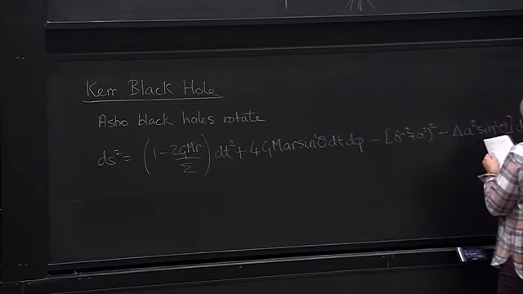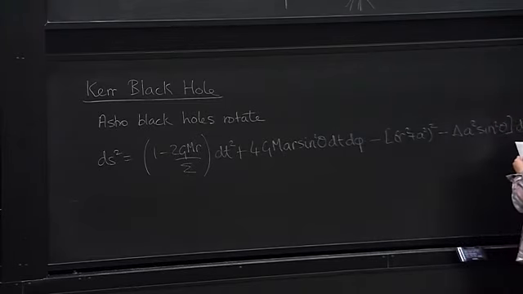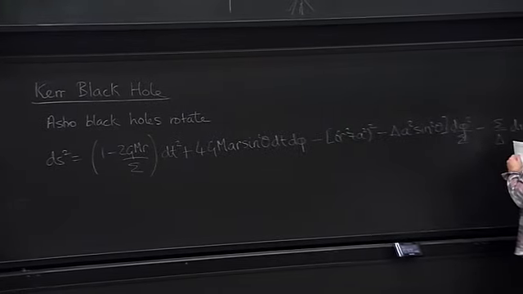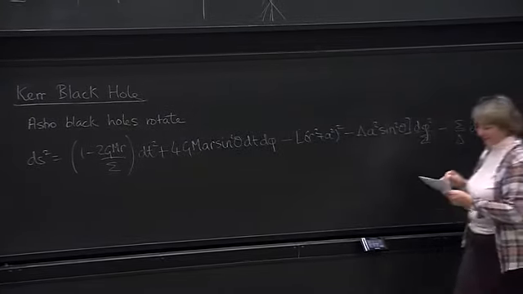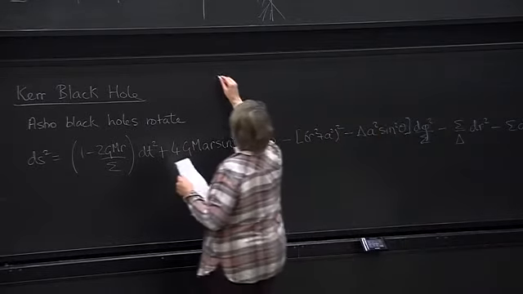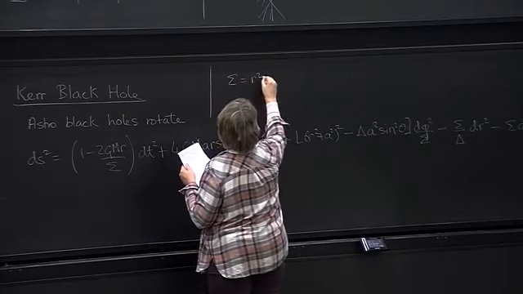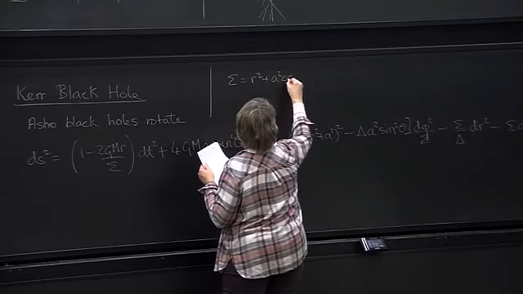Now you see why I'm copying it down. I do not trust myself to remember this thing. There we go. So just to put us on the side here, sigma is r squared plus a squared cos squared theta.